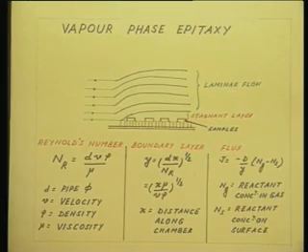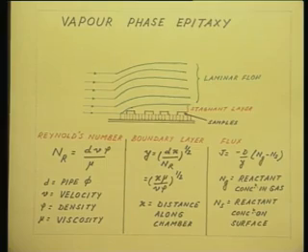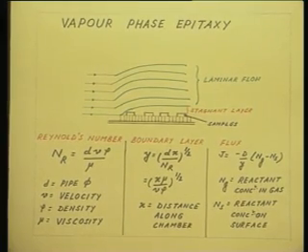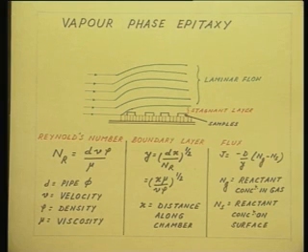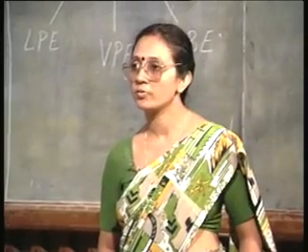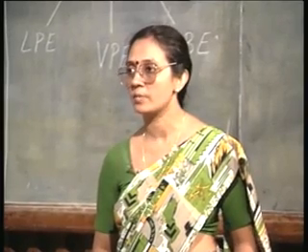The gas contains the reactants, and the gas flow is controlled by mass flow controllers. The reactants, as they flow over the sample, react and there will be a deposition on top of the samples. This is essentially vapor phase epitaxy.